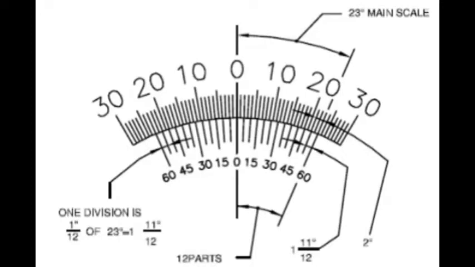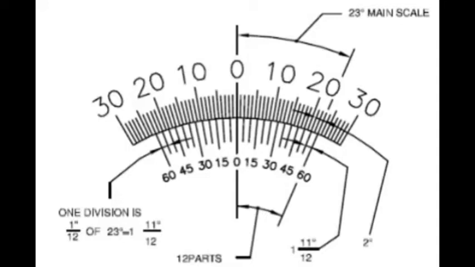These 12 divisions occupy the same space as 23 degrees on the main scale. Therefore, each division of the vernier is equal to 1/12 of 23 degrees, or 1 11/12 degrees.